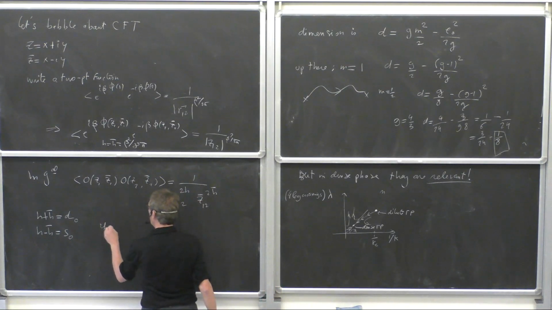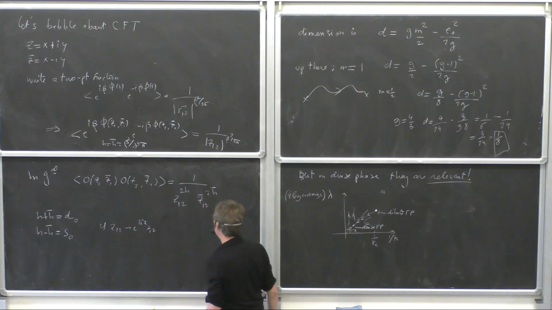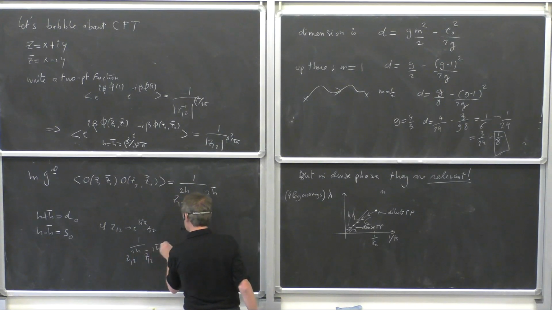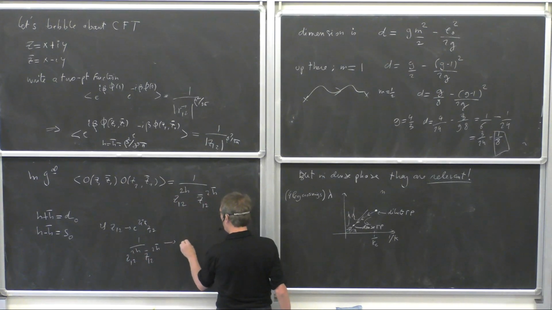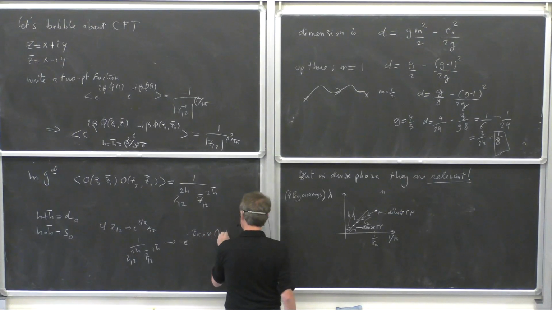So if z12 goes to e to the 2I pi z12, this is transformed by a phase e to the minus 2I pi times 2 times h minus h bar.